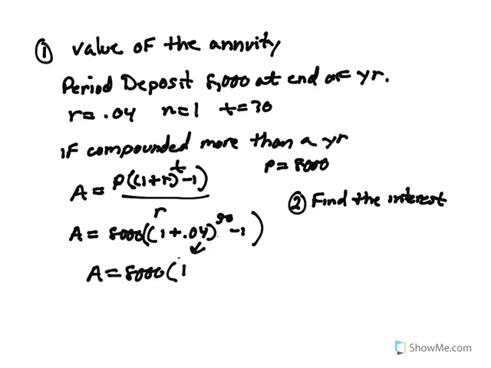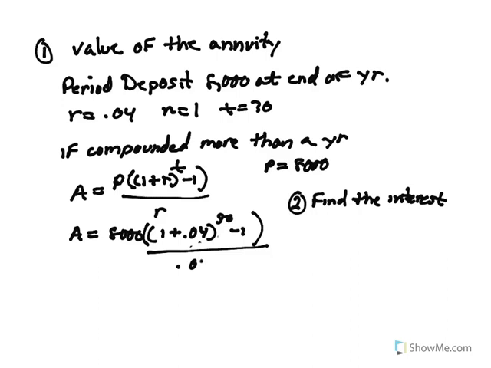All right, so it's going to be 1 plus 0.04. We need to divide this whole thing by the rate, which is 4%.